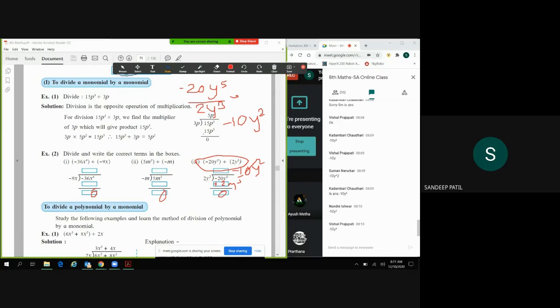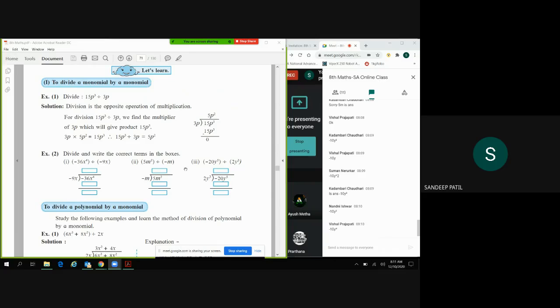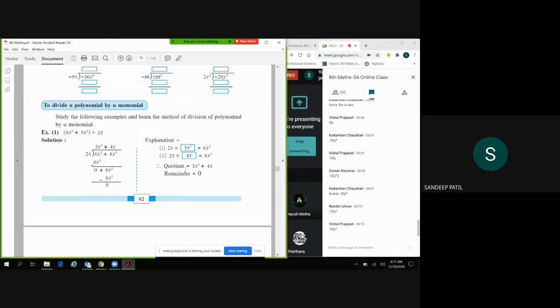There are certain terms which we will see in the next couple of minutes where the remainder is not equal to 0. So yeah, it happens, right? We don't have to worry about that. Sometimes there will be remainder 0, sometimes there will be some remainder.